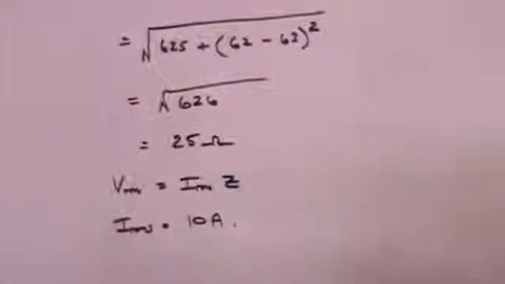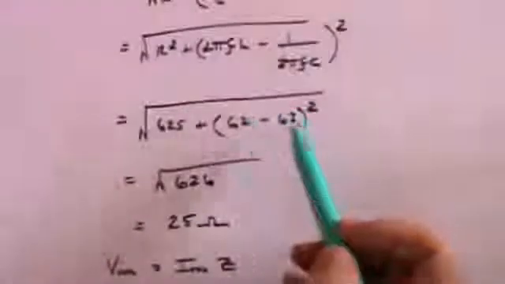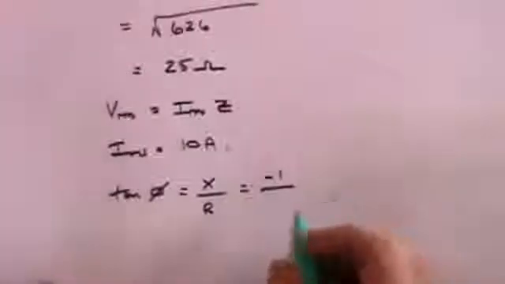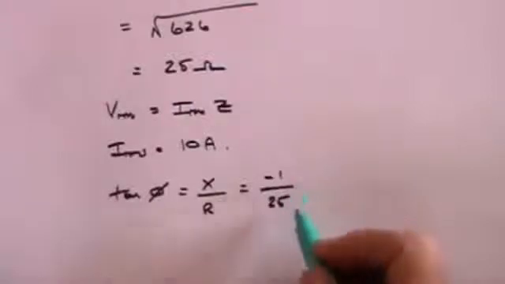And the tangent of the phase angle is given, as you know, by X over R, and the net effect of X is 62 minus 63, which is minus 1, over R. Well, the resistance was 25 ohms, and so you've got a negative angle, which means that the current will lead the voltage, or the voltage will lag behind the current.